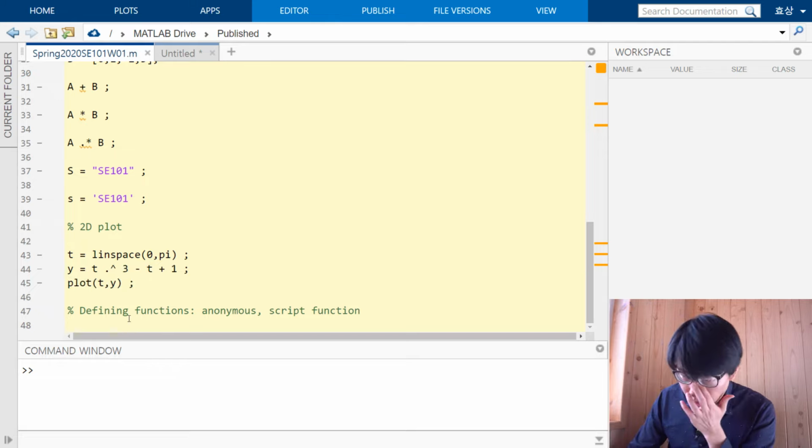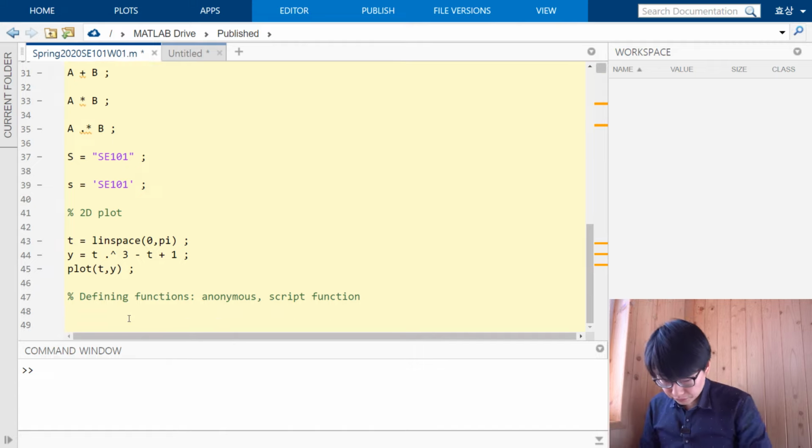Let me explain how to define a function. Usually if you just want to calculate something, you don't need a function. But if you define a function, you can make your code more concise and readable. So let me define an easy function here.